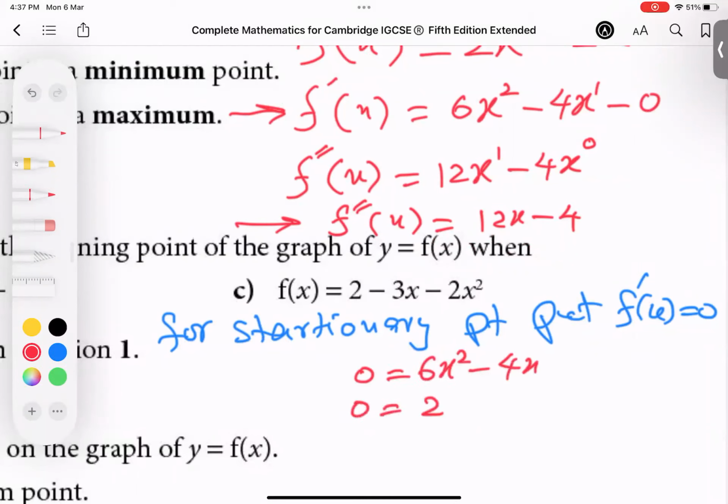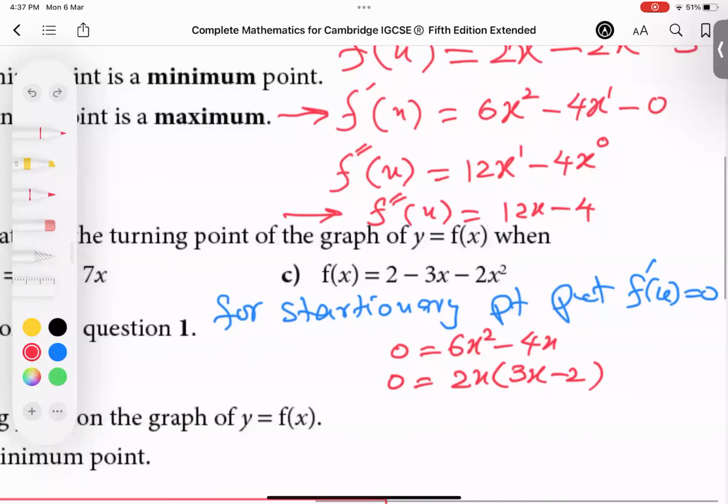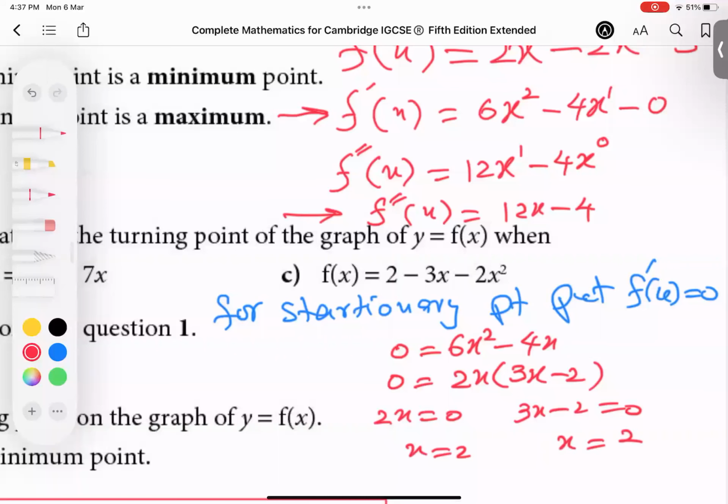Take 2x common from both terms: 2 threes are 6 and 2 twos are 4, and x into x becomes x square, x into 1 becomes x. Either the first part equals 0 or the second part equals 0. So 2x equals 0 and 3x minus 2 equals 0. 2 goes down under 0, I get 0. 2 goes to the other side, becomes positive 2, and divide by 3.